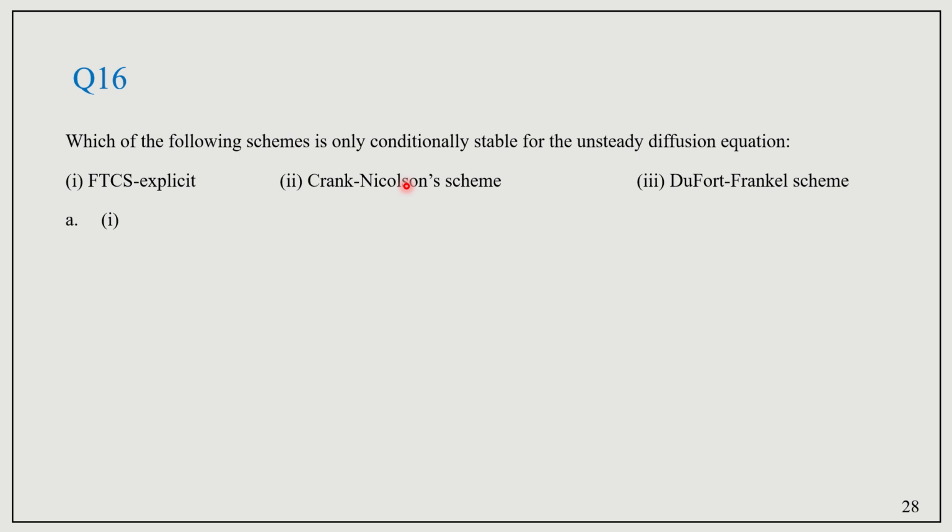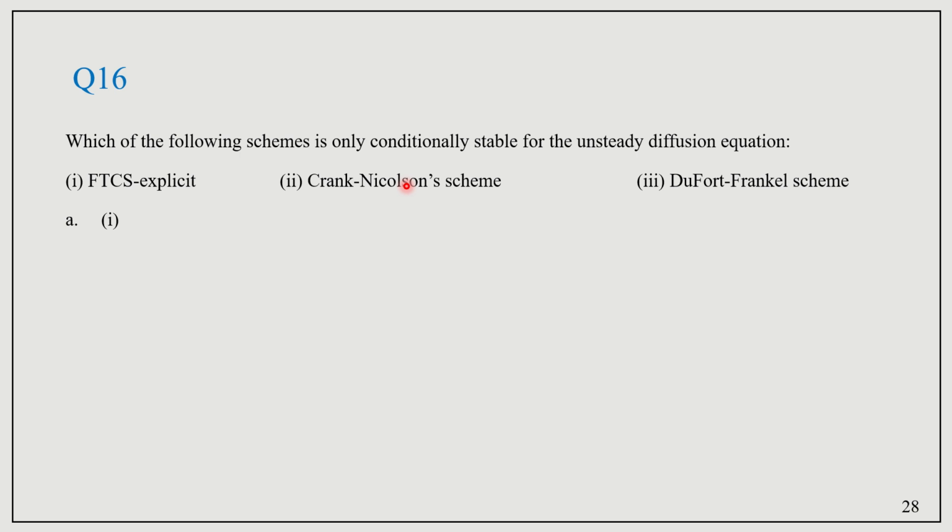We know that explicit schemes are conditionally stable schemes. Forward time and central space for the unsteady diffusion equation is an explicit scheme, and an explicit scheme is conditionally stable, where the condition is based on alpha, delta t and delta x. The second one, the Crank-Nicholson scheme, is an implicit scheme, so it is unconditionally stable.